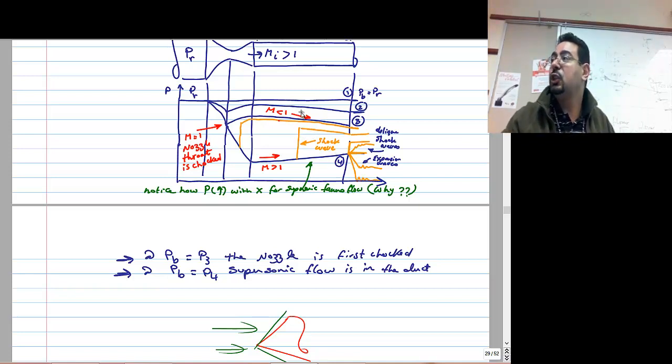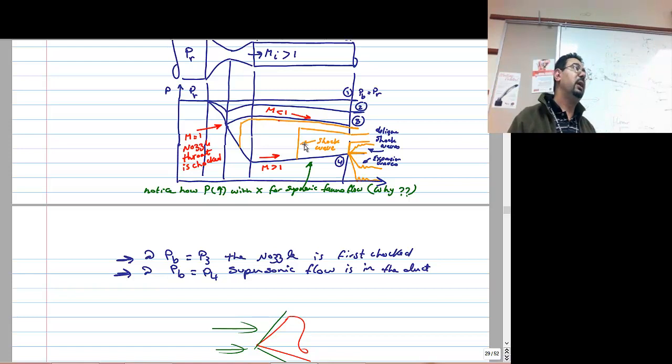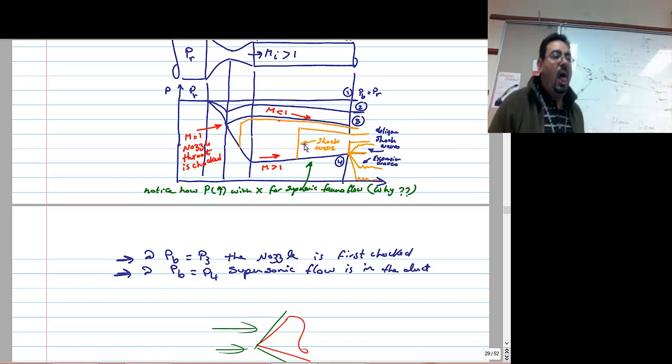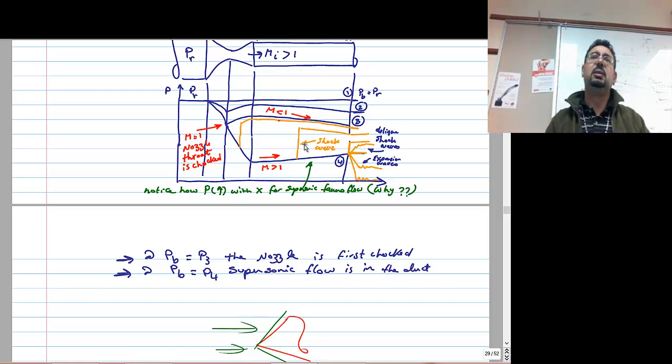And the position of the shock, of course, depends on the back pressure. So knowing the back pressure, you should be able to find where the shock is. However, the equation in our textbook is written such that this would require trial and error.